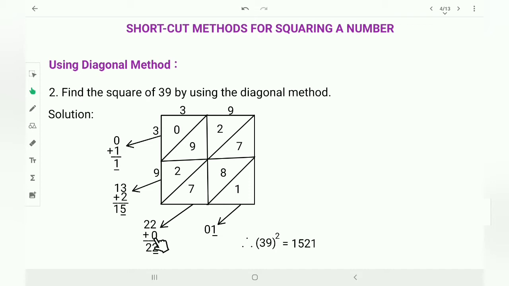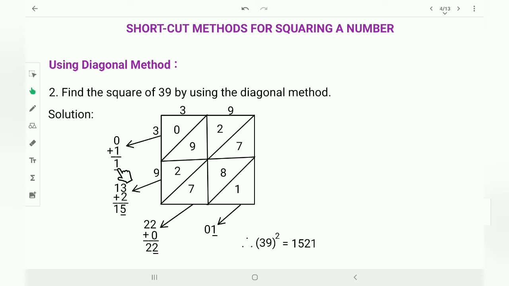Here you can see I have added 22 plus 0, 22. Then again leave the 2 which is at the ones place, and the 2 which is at the tens place carry and add with the next addition. 13 plus 2, 15. Here again leave 5 which is at the ones place and carry 1 and add with the next addition, which is 0. 0 plus 1, 1.